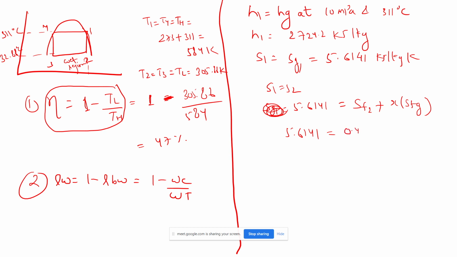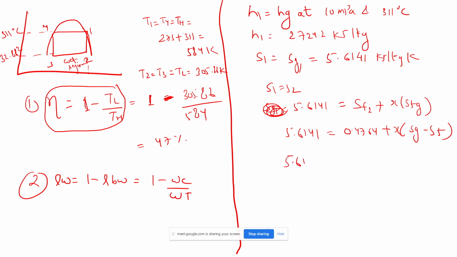So we can directly write SF2. It is 0.4764 plus, we don't know the dryness fraction. So first we will derive the dryness fraction from here, and then use it for the enthalpy calculation. What is SFG? It is Sg minus Sf.